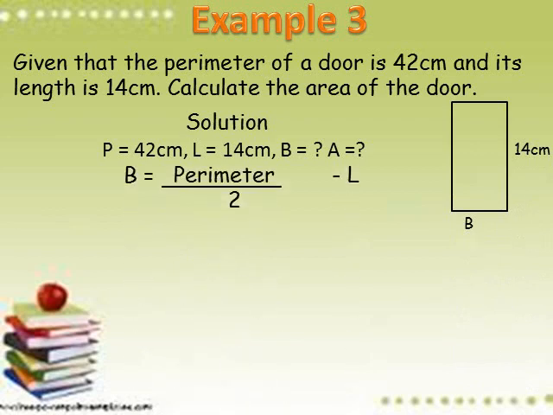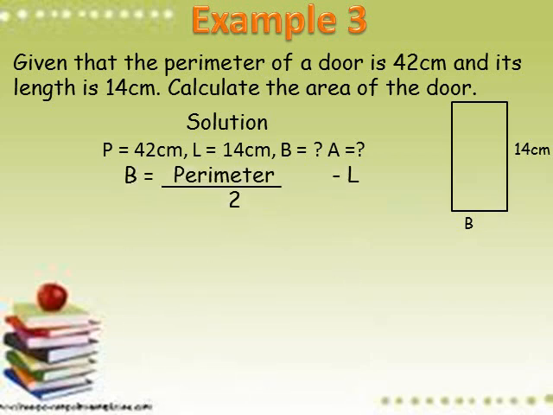The length is 14 centimeters, right? And we are asked to find the area. But before we find the area, we must first of all find the breadth, because area is length times breadth, isn't it? We only have length and we have the perimeter. So we'll use these two to find the breadth first. Then we find the area.